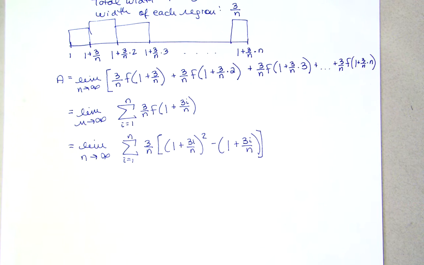And now there's a lot of algebra. Take a few moments, do your foiling, do your distributing the negative, distribute the 3 over n, combine like terms, and let's see what we can do to clean up the stuff inside that sigma.